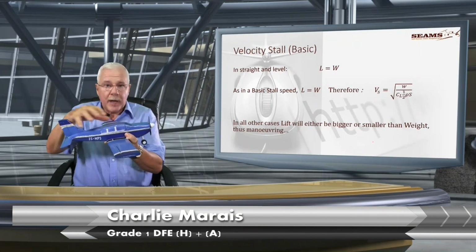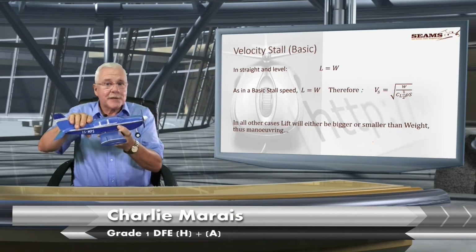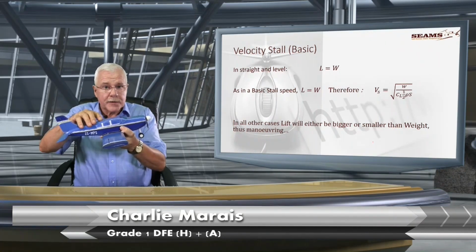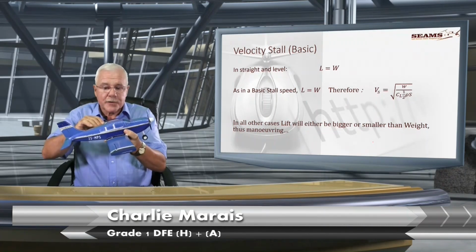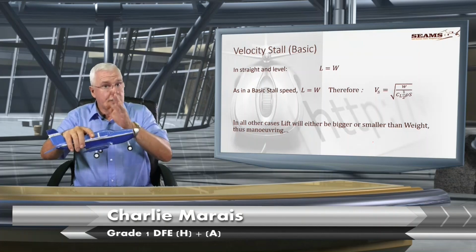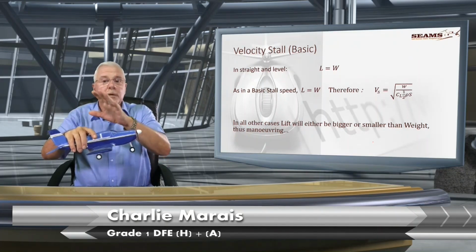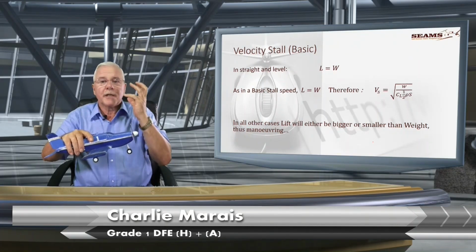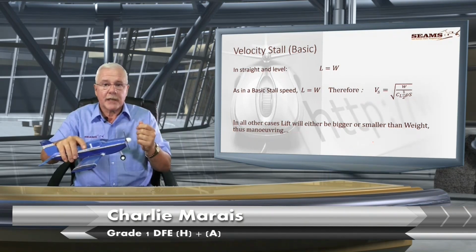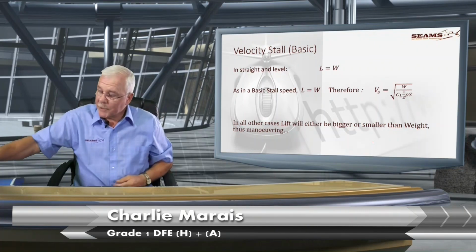If you now take the power away, the aircraft's tendency will be to nose pitch down, and as the speed reduces, you will have to actually increase the angle of attack as the speed reduces, and that is simply to satisfy lift equals coefficient of lift times half rho V squared. In other words, as the V squared comes down, you've got to increase the angle of attack, and that obviously can only be true up to a certain point.